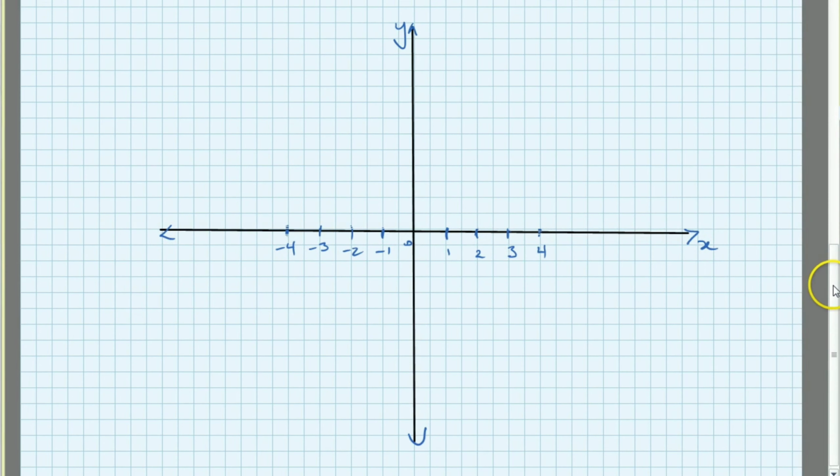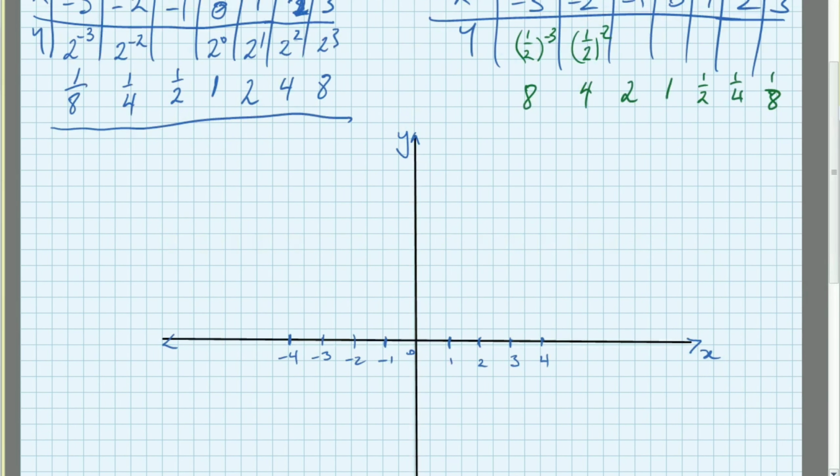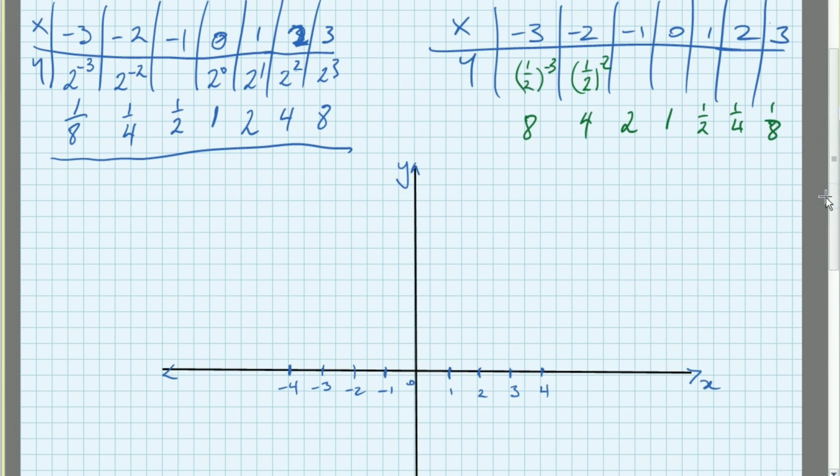I've just moved this a little bit higher up the scale so that we can see our values, and I'm going to plot the points from this first graph to start off with. Let me just put some y values in as well.